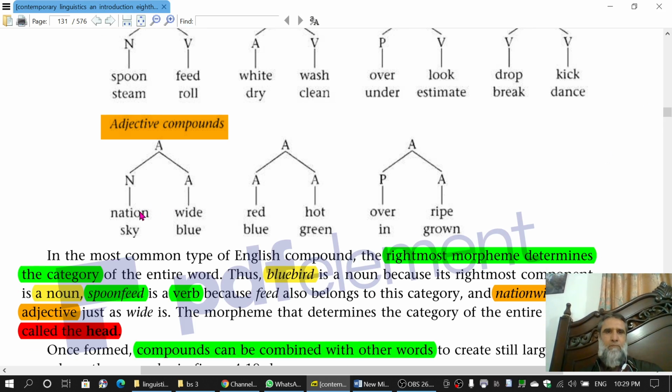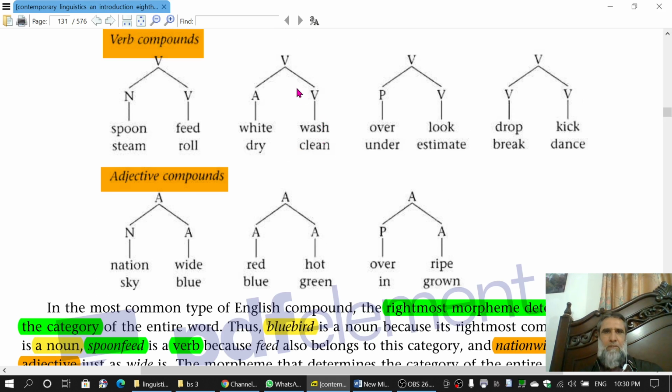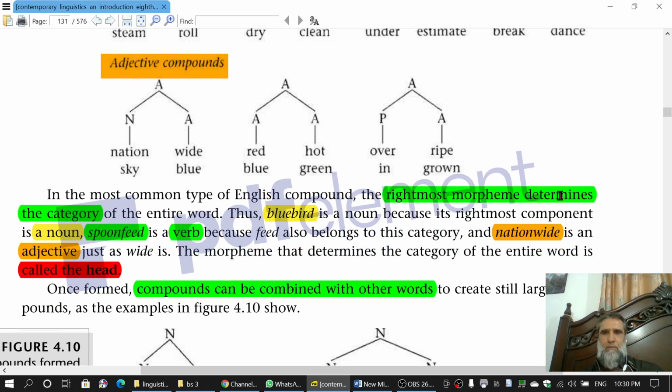So therefore, in nationwide, the first word is nation, the second is an adjective, but the second one will decide which category it should belong to. Wide is adjective, therefore the word should be adjective. Red hot: hot is adjective, therefore the word should be adjective. In these cases, wash is a verb, therefore the total word should be verb, and the same is the case with all these. So the rightmost morpheme actually determines the category.